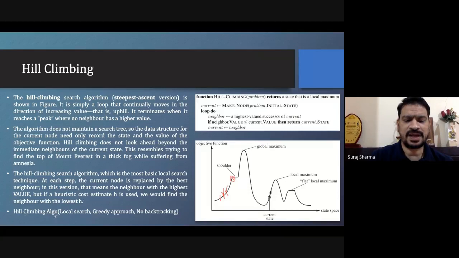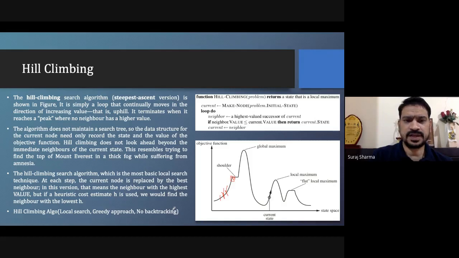So first of all, hill climbing is a local search, so it can see only its neighbor, not beyond that. Second, it uses a greedy approach, meaning whoever has the least cost or good objective function, I'll go there. And there is no backtracking. I cannot go back. That is how hill climbing works.